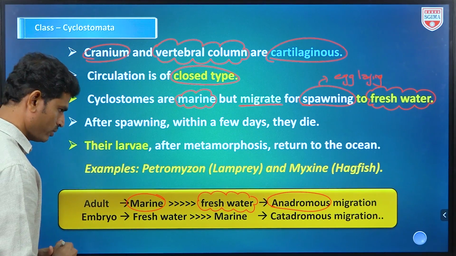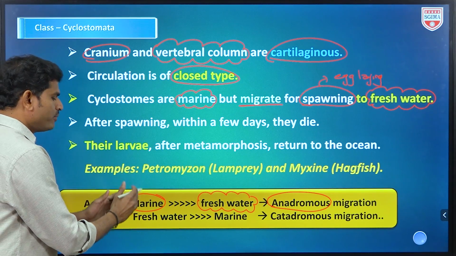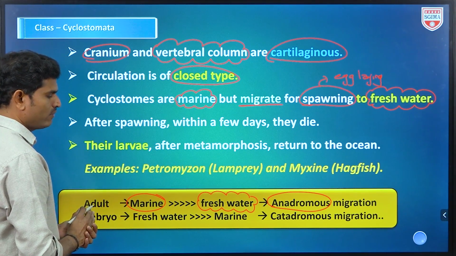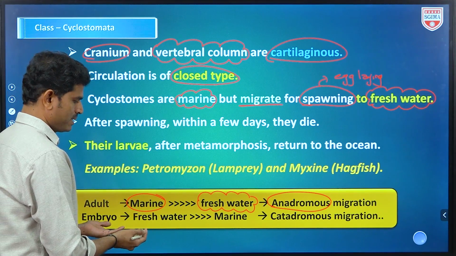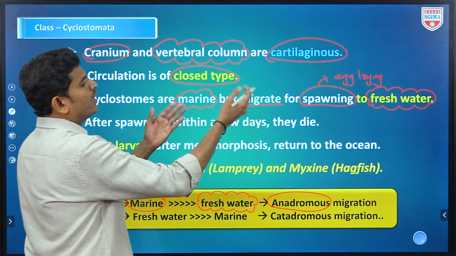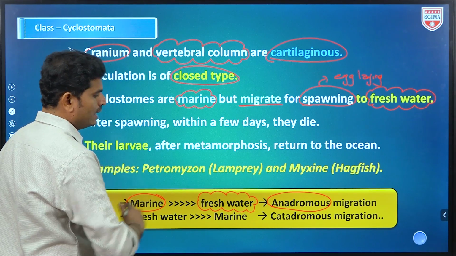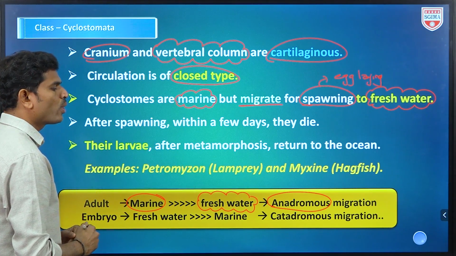Anadromous migration means organisms go from marine salt water to fresh water to migrate for spawning, or maybe another purpose, whatever it may be. Either way, for spawning purposes they migrate from marine to fresh water. This is called anadromous migration.